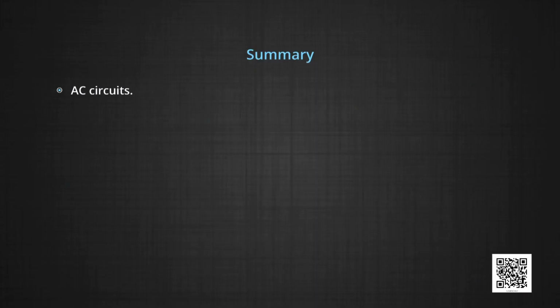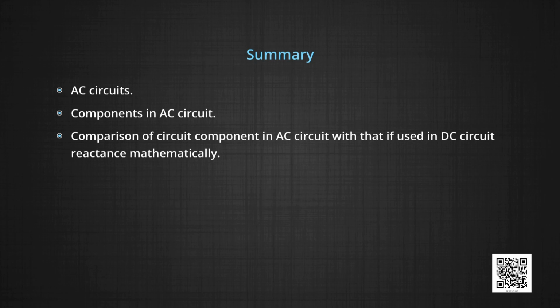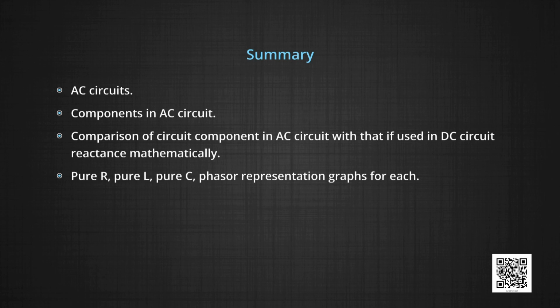So, in brief, what have we learned today? We have done AC circuits, components in AC circuits, comparison of circuit components in different circuits, and reactance, which we calculated mathematically. We have seen what happens when we use a pure resistor, pure inductor and pure capacitor with an AC source.